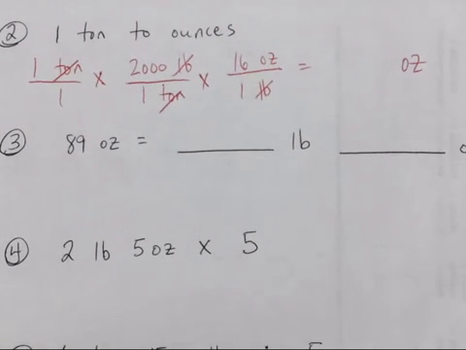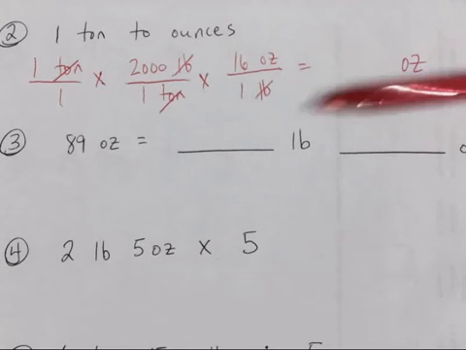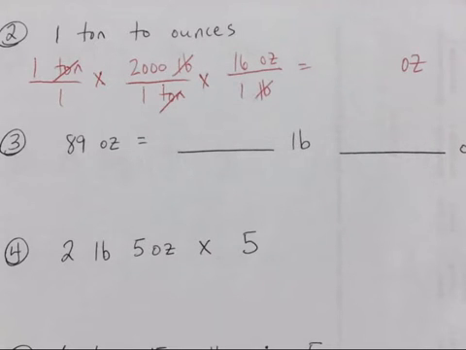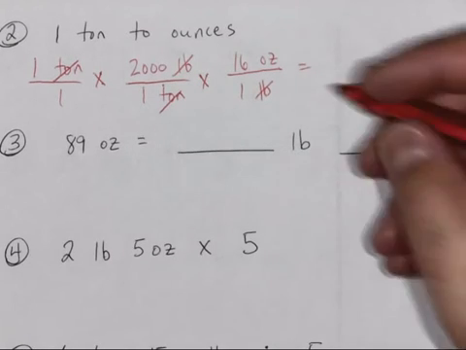So get the units straight first, and that's one of the great things about doing unit fractions. You can do all these conversions in one fell swoop, but you've got to make sure that you write these unit fractions in the right way so that the units work out correctly. Then finish the problem by multiplying the fractions. Essentially we're doing 2,000 times 16 right here to get 32,000 ounces.